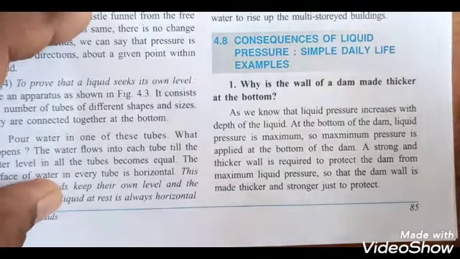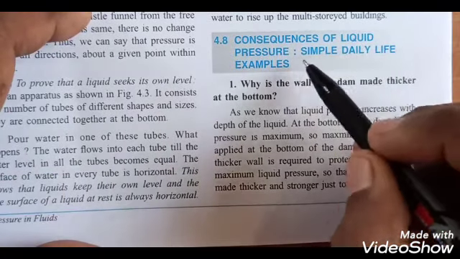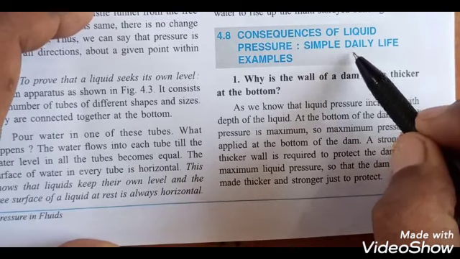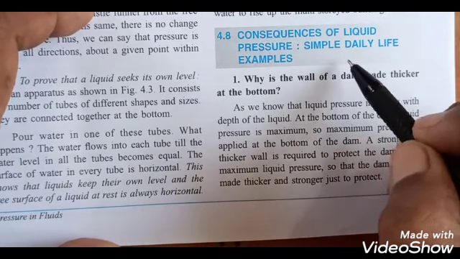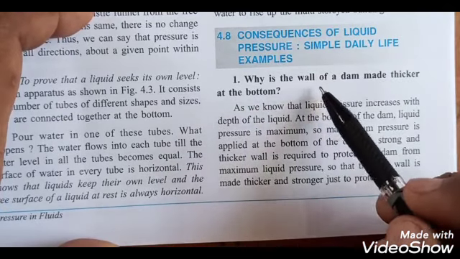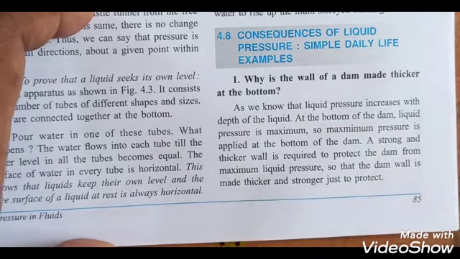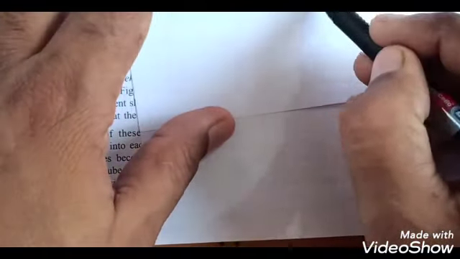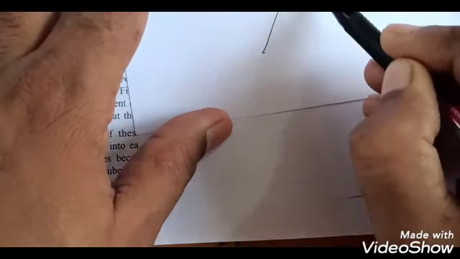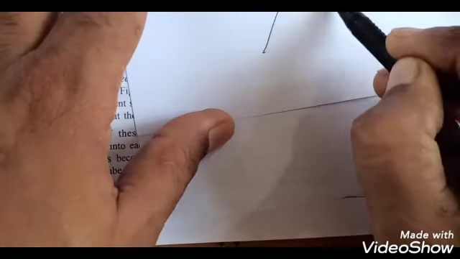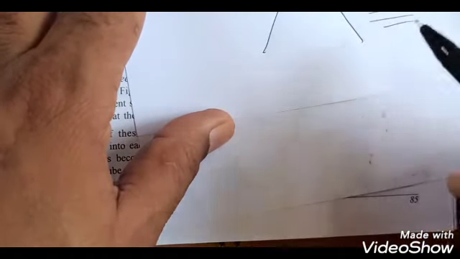Now we'll discuss consequences of liquid pressure, with simple daily life examples. First one: why is the wall of a dam made thicker at the bottom? If you have seen dams, dams are like this. Here water is there at the back side of the dam.